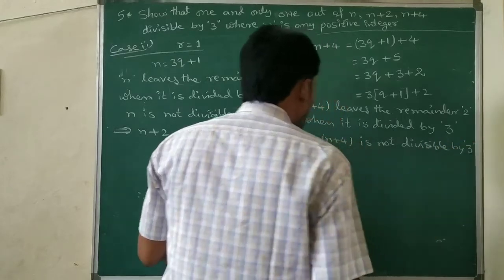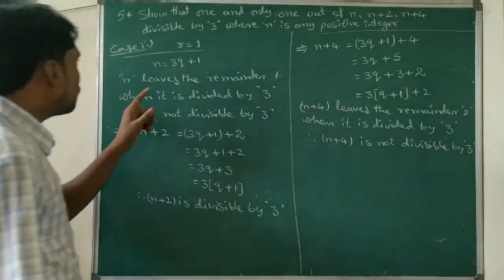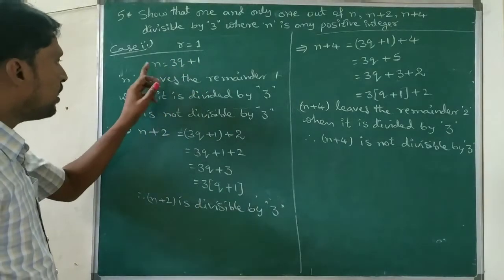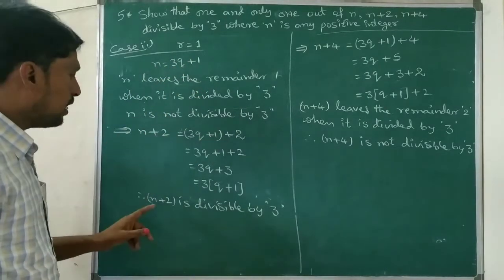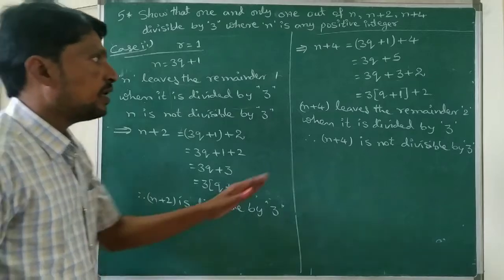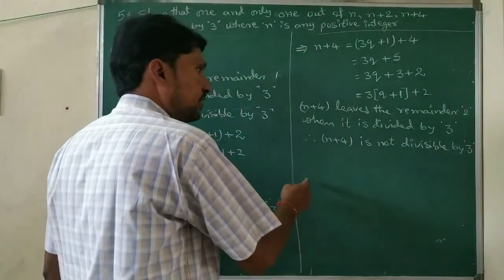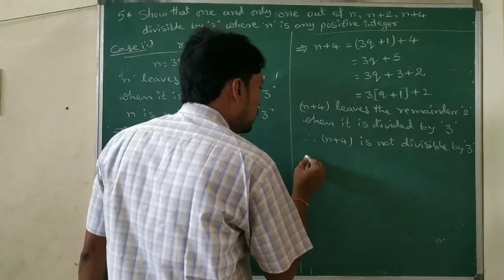Now here you can observe n equal to 3q plus 1: the n value is not divisible, n plus 2 is divisible and n plus 4 is also not divisible. Now you can write it here only.